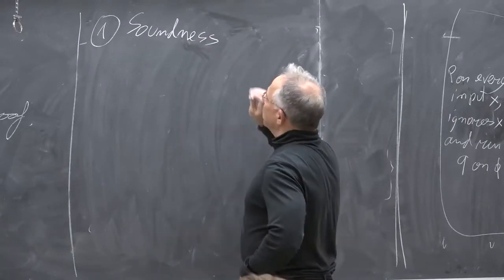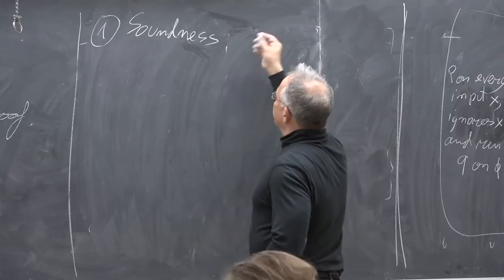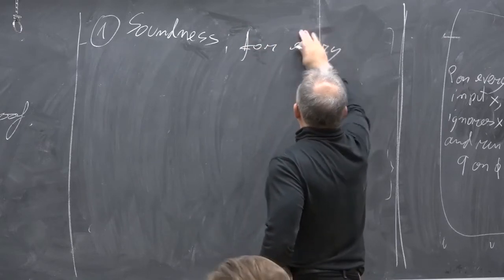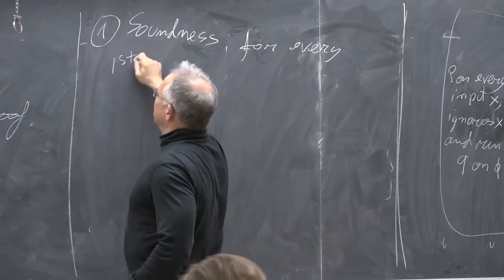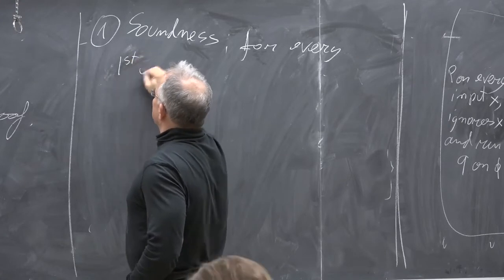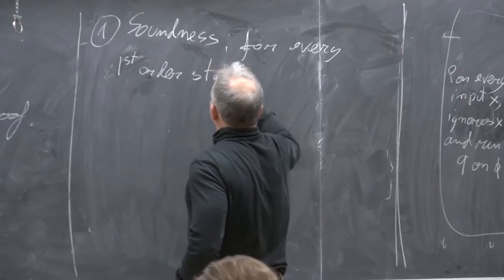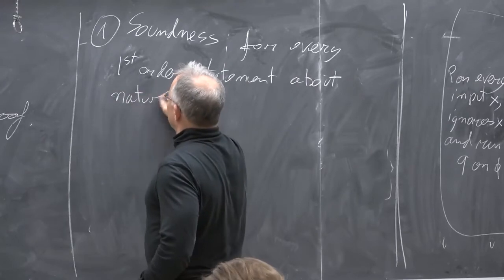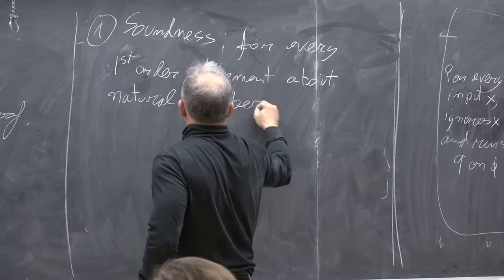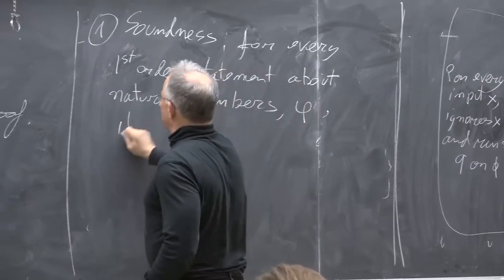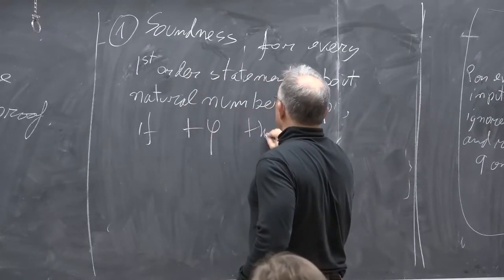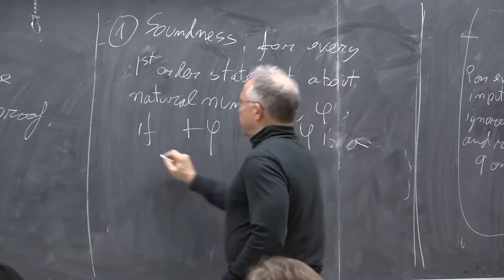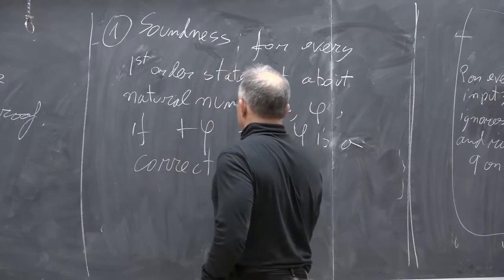Okay, so soundness, what we mean by this is that for every first order statement about natural numbers, say phi, if my system can prove phi, then phi is a correct statement.